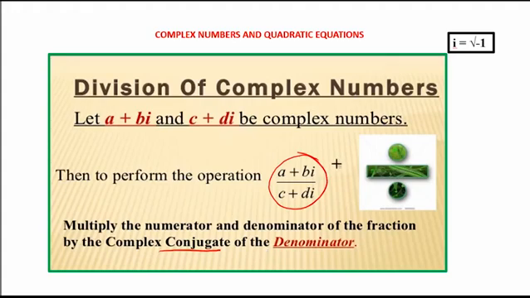Now how do you simplify? Simple method: the conjugate of the denominator is c minus id. Similarly, in order to compensate, the numerator also you need to multiply by c minus id. When you multiply the denominator, you will get one perfect real number, which gives a perfect complex number again.